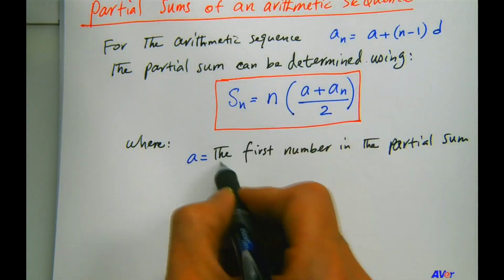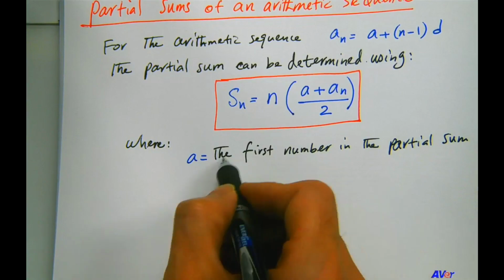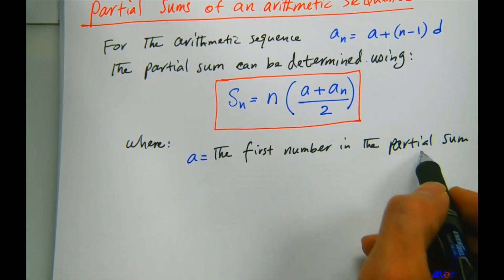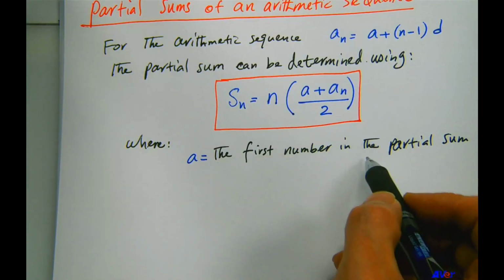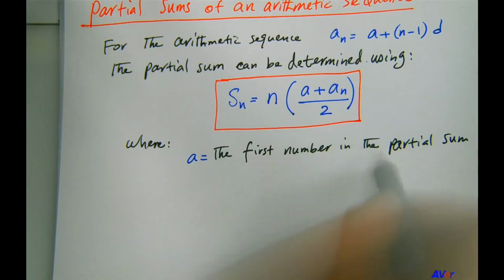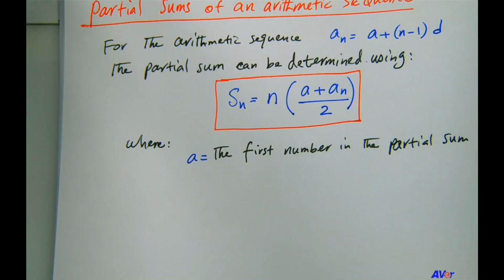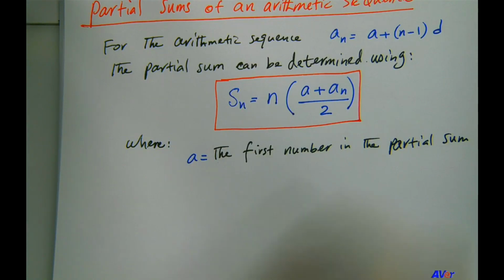So it's very important to pay careful attention to this definition. a is not the first digit in the sequence, it's the first number in the chunk of numbers that you're calculating the partial sum for. So if you're adding from the 21st digit to the 30th digit, then a would be the 21st digit. Okay?